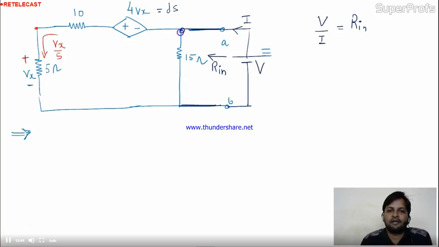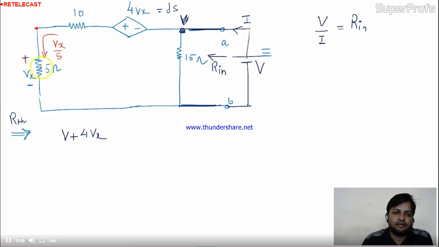So here, tell me the voltage across here. This is V. Is it okay? If this is V, can I apply nodal analysis here? Yes. Now we are doing the calculation for RTH. I can apply the nodal analysis here. By applying nodal analysis, I'll get V minus plus 4Vx.